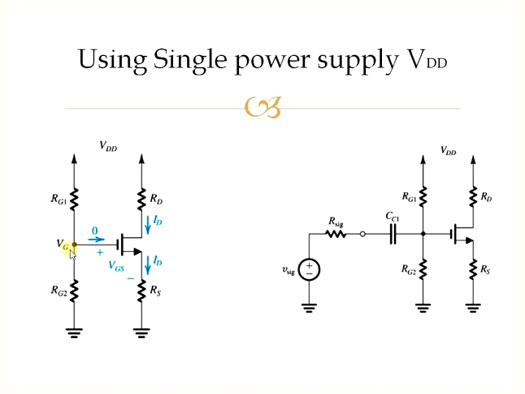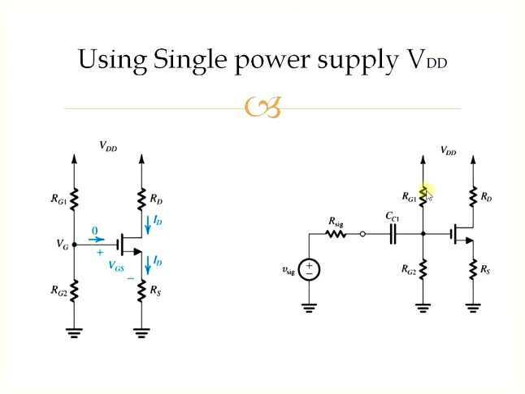The gate current is equal to 0, while RG1 and RG2 are selected to be very large. These large values allow the MOSFET to present a large input resistance to the signal source that may be connected to the gate through the coupling capacitor CC1.